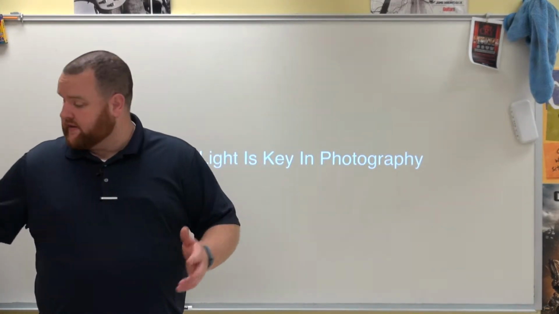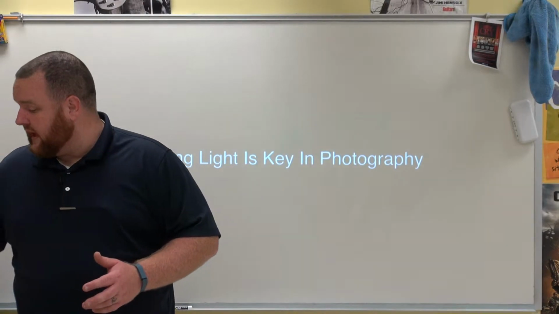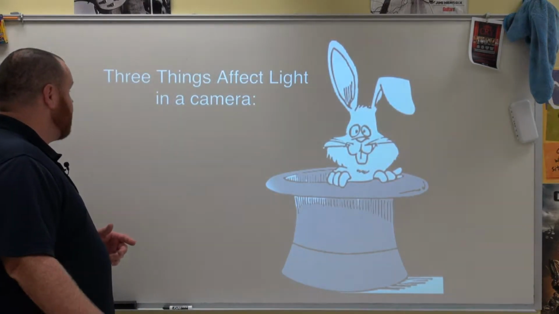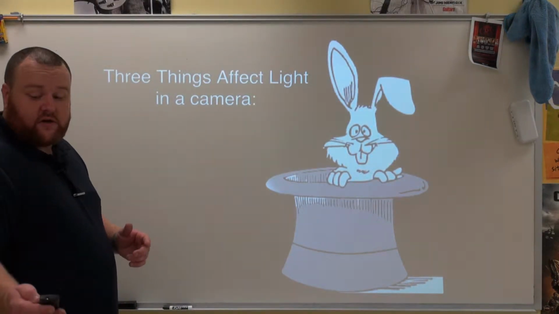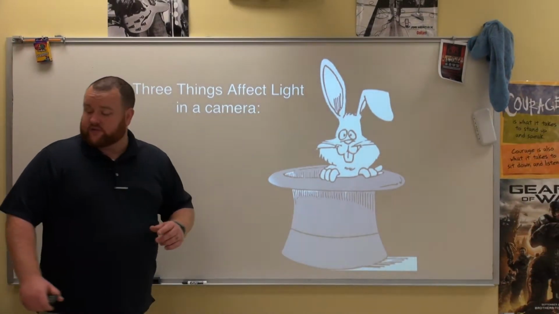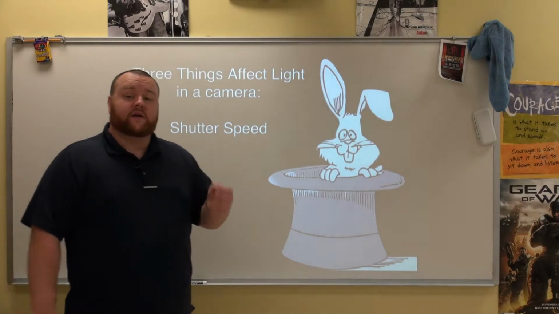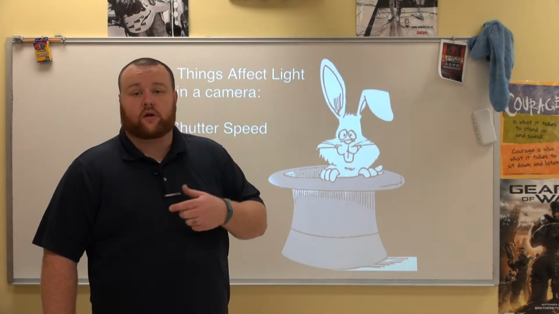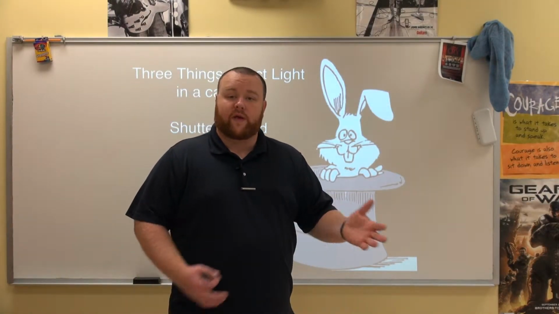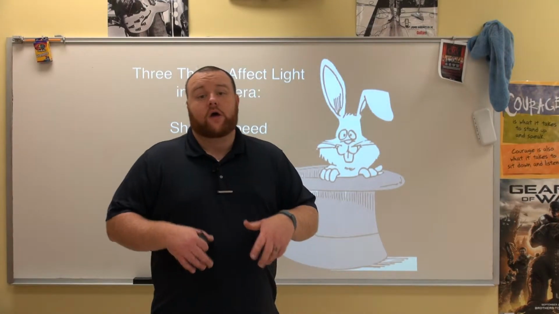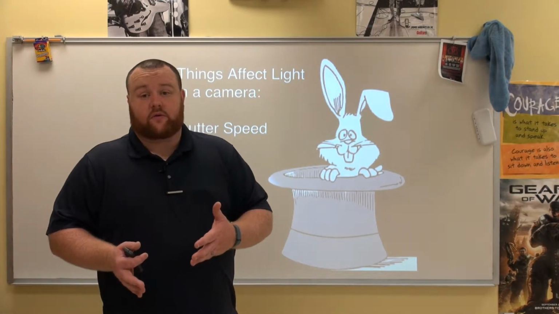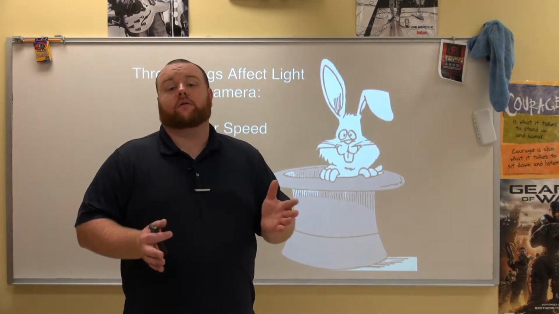Now, there's three things that affect the light in photography and definitely affect the magic rabbit that we talked about last week, which is the sensor inside the camera. The first is shutter speed. Think of the shutter as a door. The longer the door is open, the more people or more light can come through. The shorter amount of time that the door is open, the less light can come through.